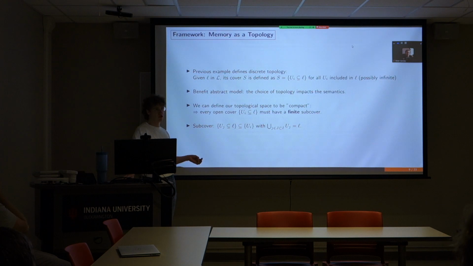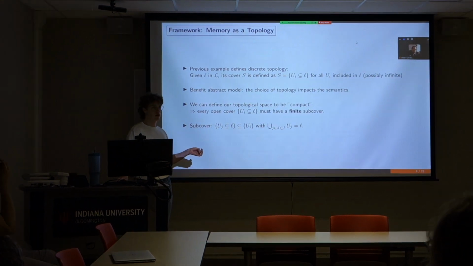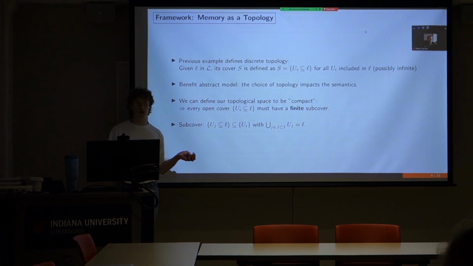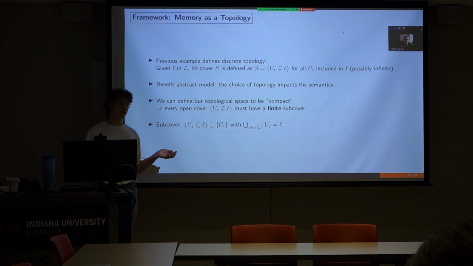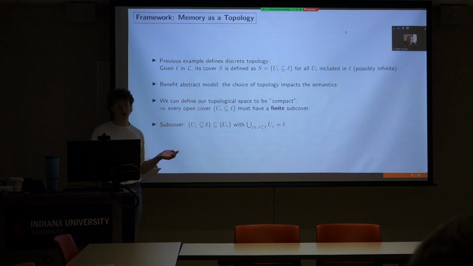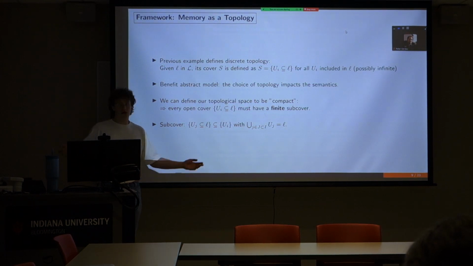The thing is that if we don't describe the set of memory locations as a discrete set and it's infinite, then it might be the case that an open subset of the memory can only be covered by an infinite amount of subcovers. That shouldn't be a problem, but there are two interpretations of separation logic. One allows for infinite memory arithmetic, and one does not.